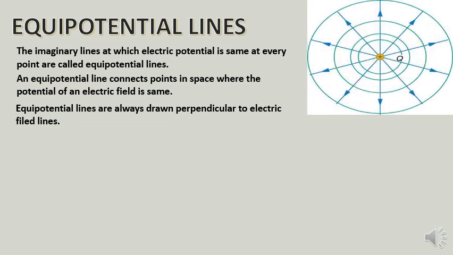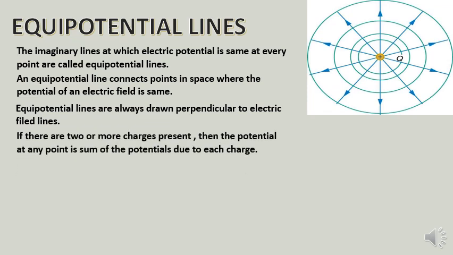For a positive charge, whose electric field is in the circular path around the charge Q, the equipotential lines are these lines which are perpendicular to those concentric circles. Now, if there are two or more charges present, then the potential at any point is the sum of potential due to each charge.